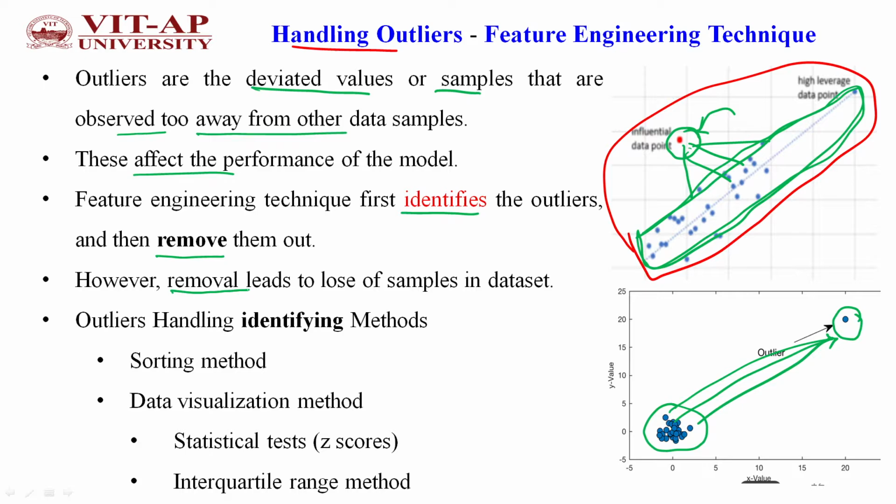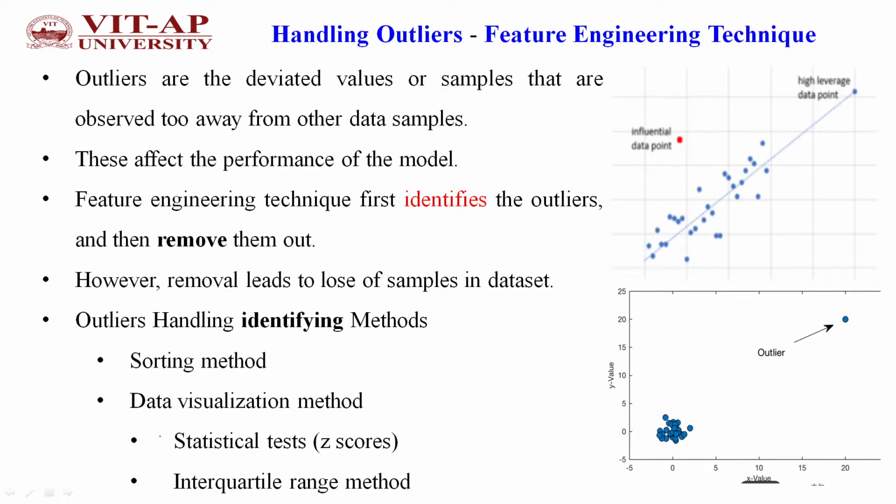However, the removal leads to loss of some samples. Suppose you have 10 data points, and one data point is an outlier. If we remove this, then we lose one data point out of 10, so we will have only 9 data points. So we will lose some of the data samples if that is considered an outlier.